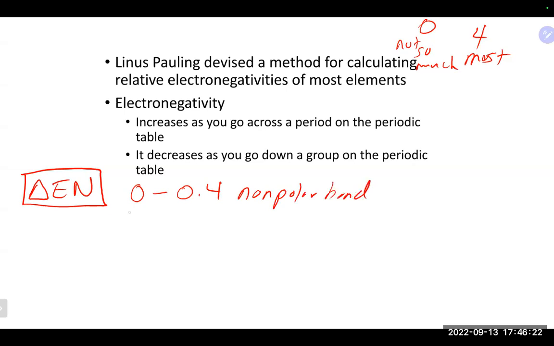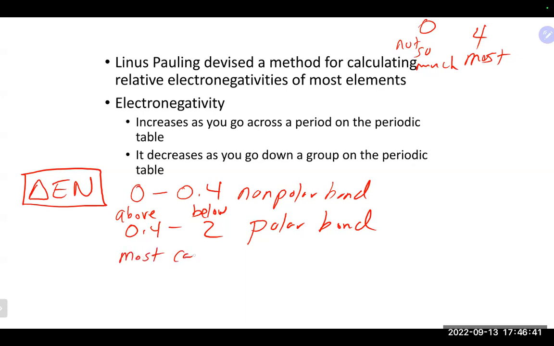Anywhere from above 0.4, which would be like 0.5 usually, to below 2 is some type of polar covalent bond. And not in all cases, but in most cases, above 2 will result in an ionic bond.